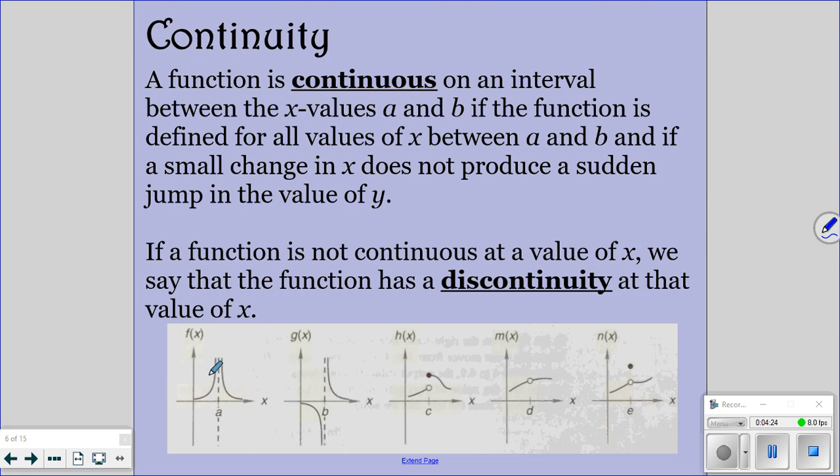On this one, it's like a volcano because they're approaching it from both sides, but we will never actually touch that value. And on B, they're approaching it from the left and from the right at different values. One is going up to positive infinity, and this one is going down to negative infinity. And so those are both vertical asymptotes. And that's what you'll do at one. You'll either jump or you'll make a volcano.